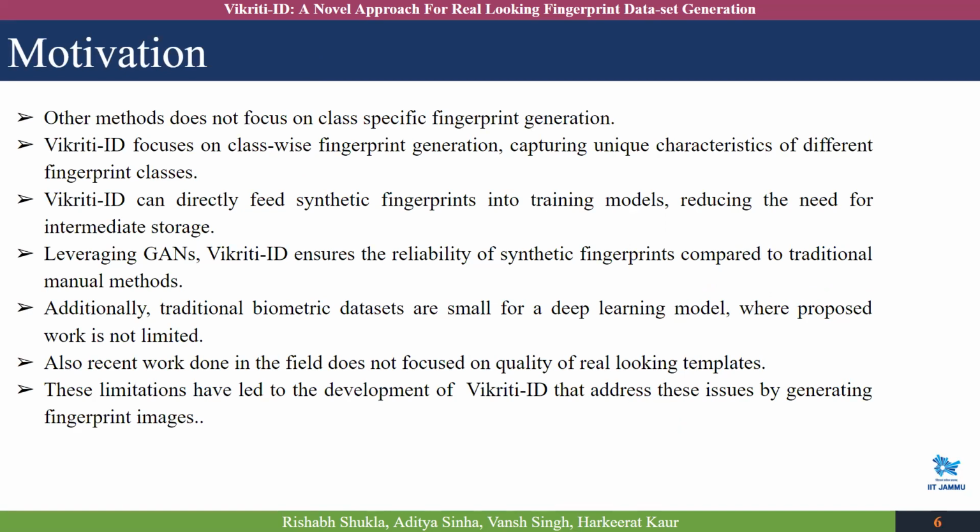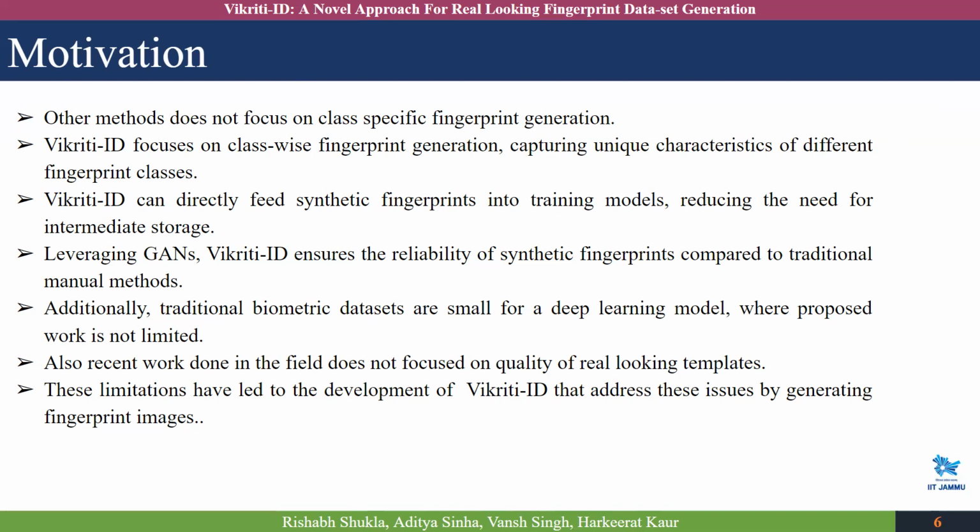So what is the motivation of this work? Why did we go for this approach, and what is the problem basically? As we know, there is a basic need for a dataset for fingerprints. So we can really focus on that, and it generates class-wise fingerprint images.